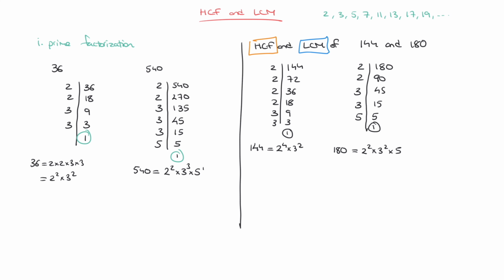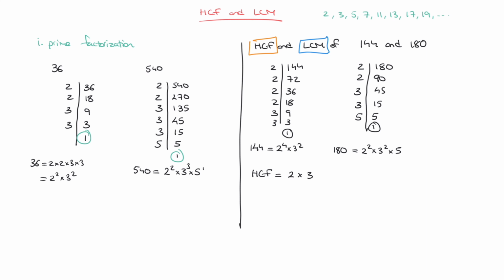The highest common factor, HCF, you're looking for all the prime factors that these two numbers both have, so that they have in common. Now, both of these numbers have the prime factors 2 and 3, right? They don't both have 5, though, but they do both have 2 and 3. So before I even speak of writing the powers here, I'm only going to write what they have in common.